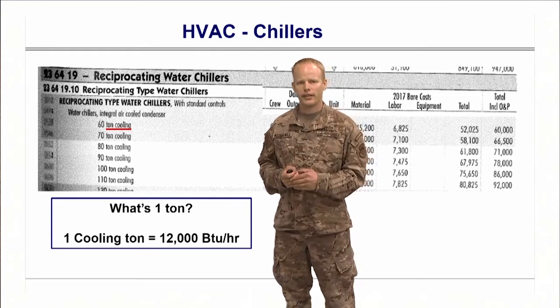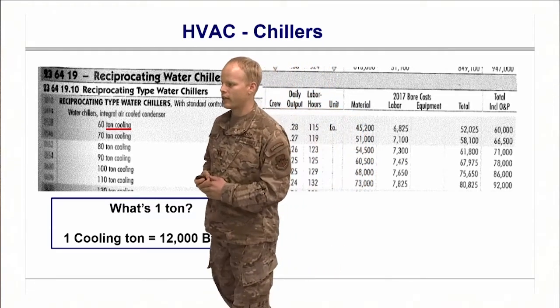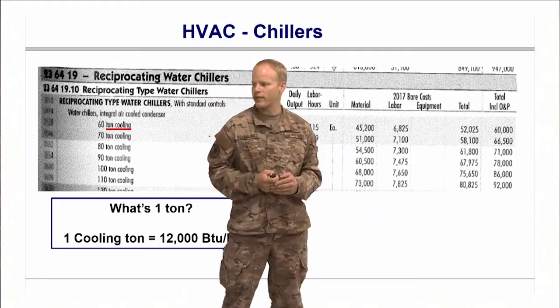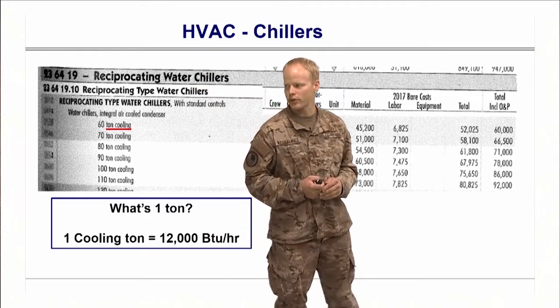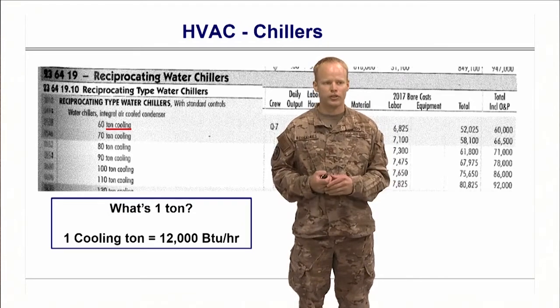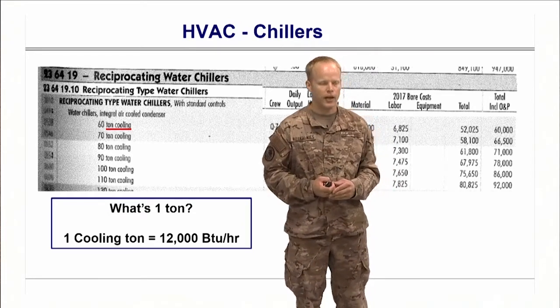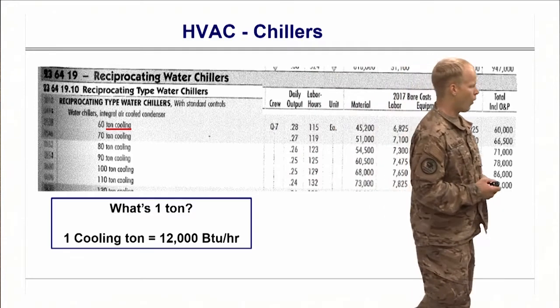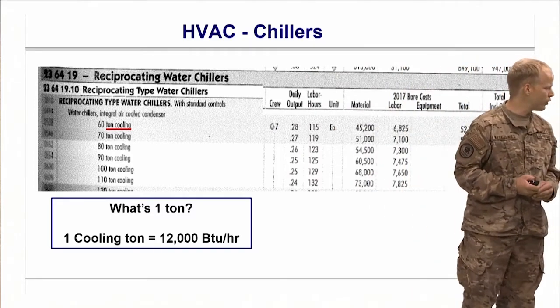So you go into here and you can look at the drawing, and you can see that it says reciprocating type chillers with standard controls, water chiller. With standard controls, you can get fancy with them, but they have on here water chiller, integral air-cooled condenser.